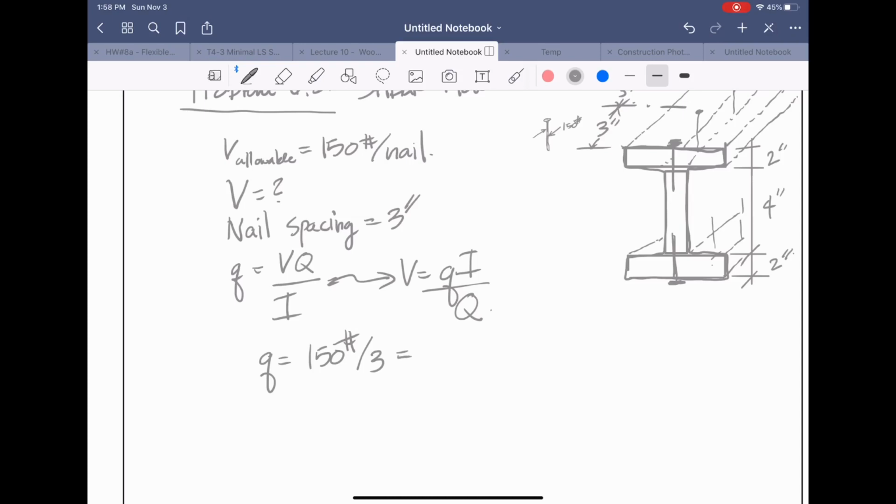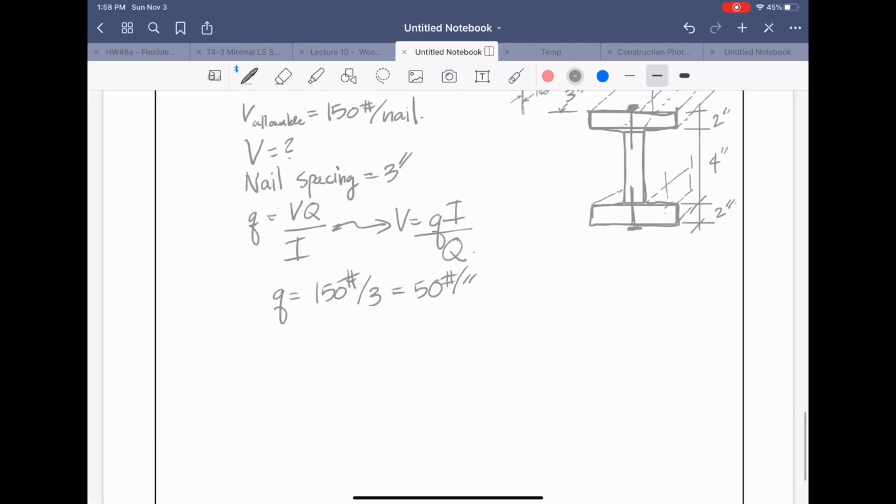We have 150 over 3, which is 50 pounds per inch. So let's try to understand that concept.